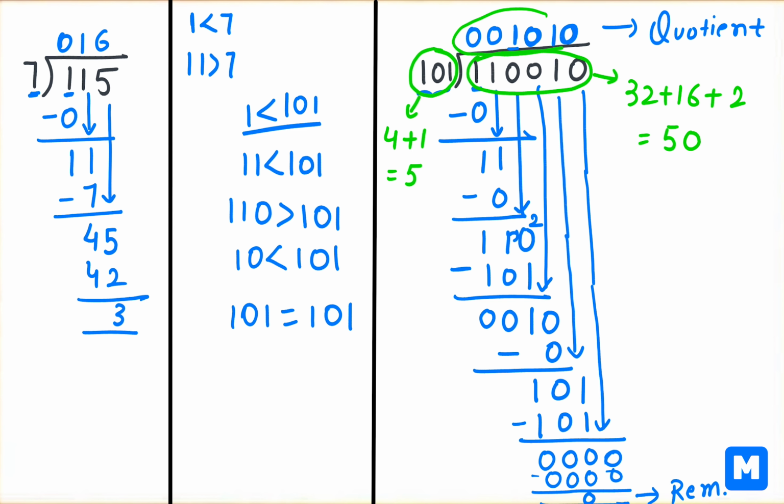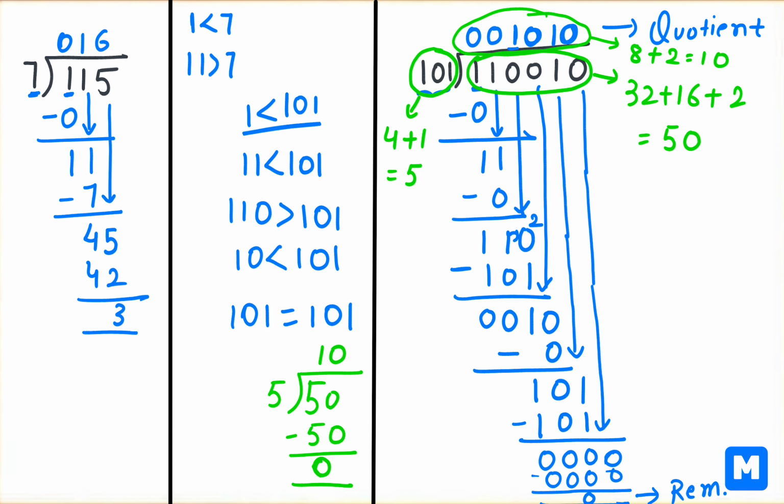And if we convert the quotient into its decimal form, it will look like 8 plus 2, that is 10. Now let's check. If we divide 50 by 5, then it is 10 times fully divisible. So our result is correct.